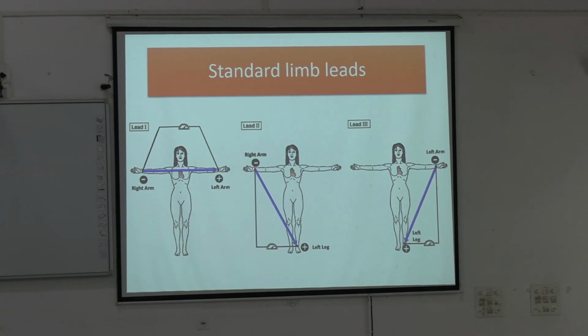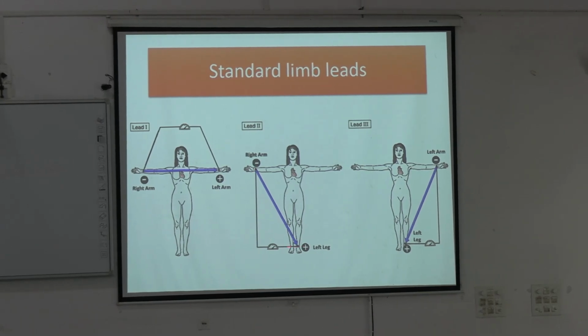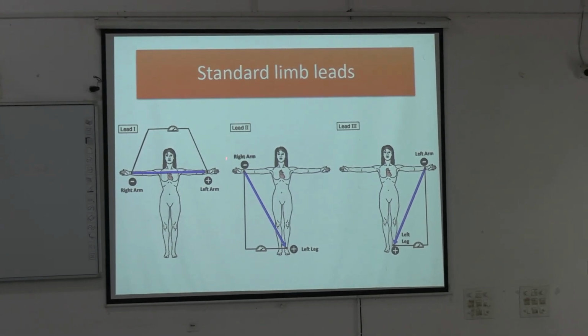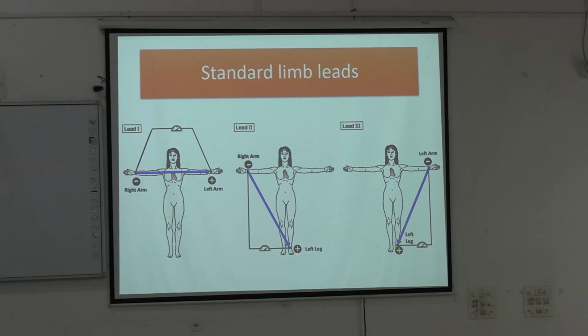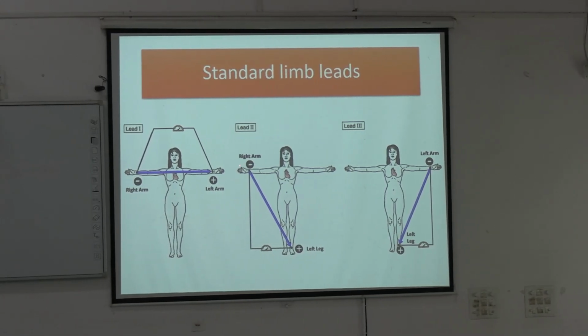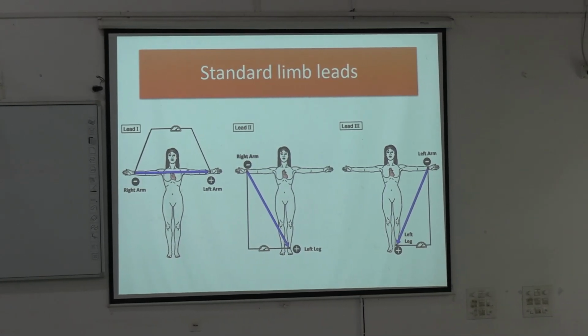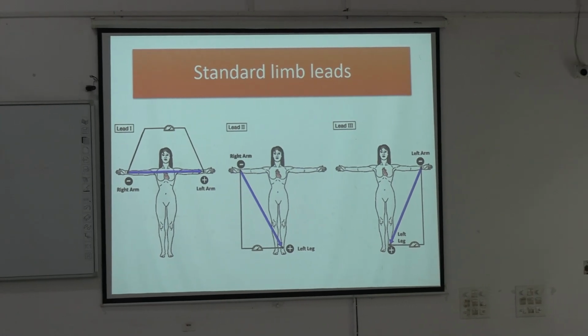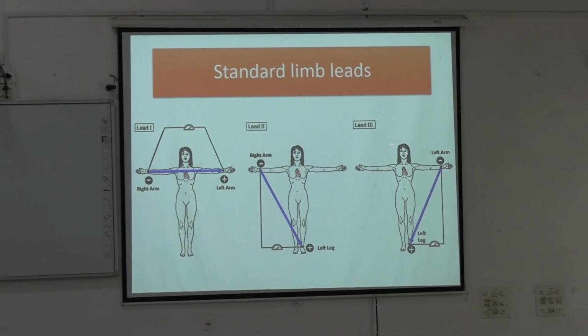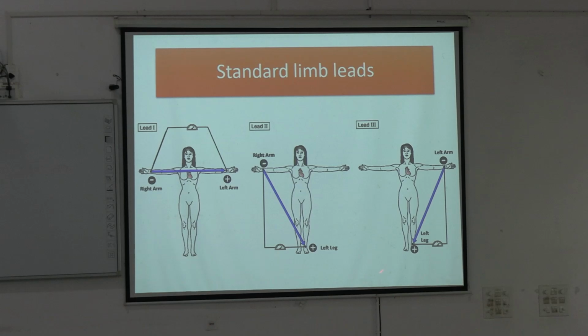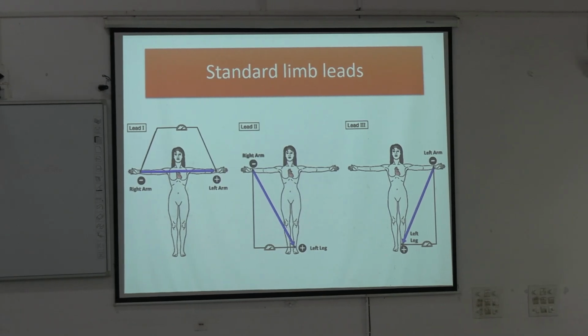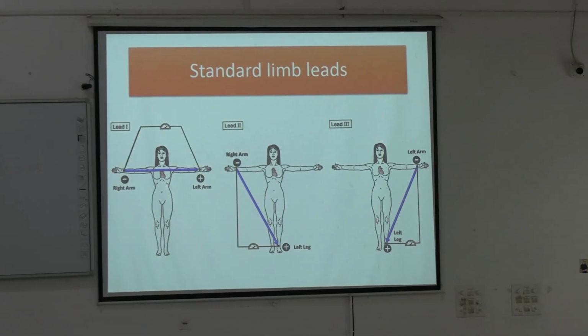Now let us construct lead 2. You put one copper wire here, one copper wire here, connect it with a voltmeter, right? So right arm and left foot or left leg. This constitutes your lead 2. Clear? And lead 3 is left arm and left leg. Correct?